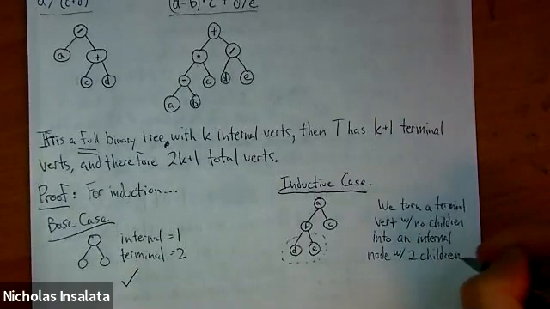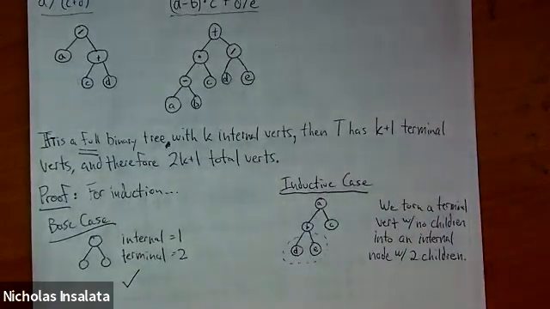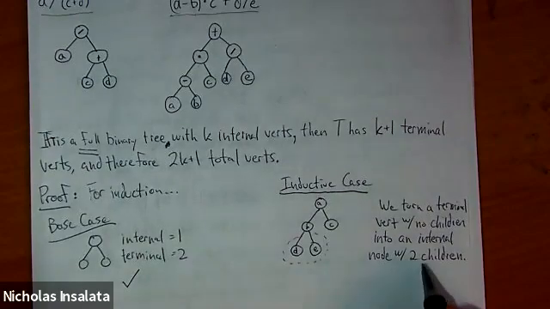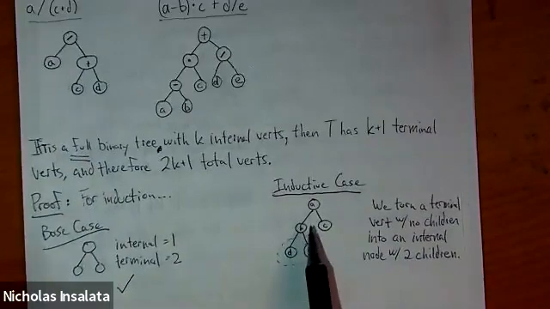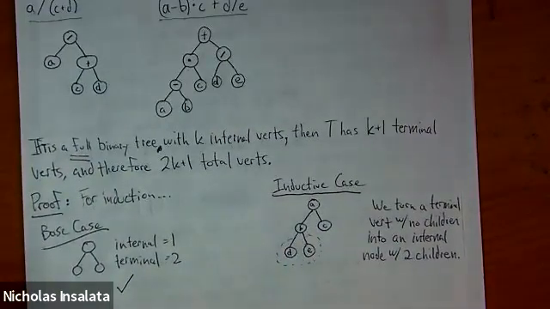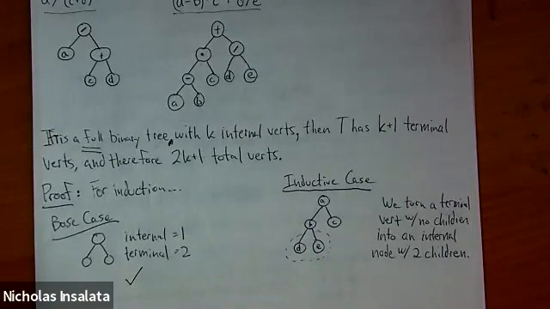In other words, we give 2 children to one of our terminal nodes, and that's what our induction is. And we have to have 2 children because it's got to be full, right? So every parent has to have 2 children. So if B becomes a parent, it's got to have 2 kids, not 1, right? Okay, so what does that do?